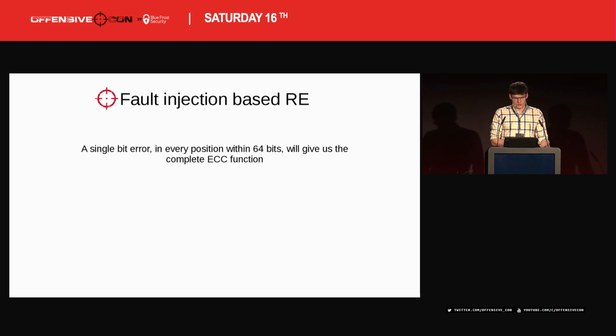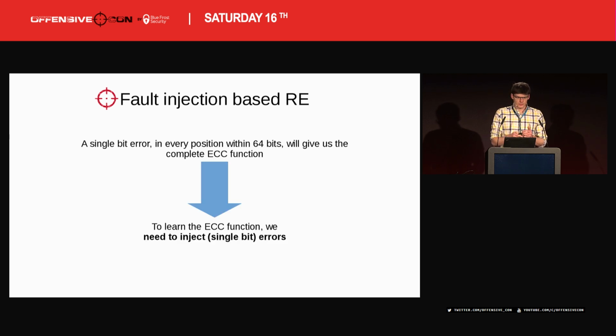Now I'm going to introduce the fault injection based reverse engineering. To rephrase everything, if you have a single bit error in every position, then this will allow us to recover the complete ECC function, and with this we can predict what value will be written in memory.